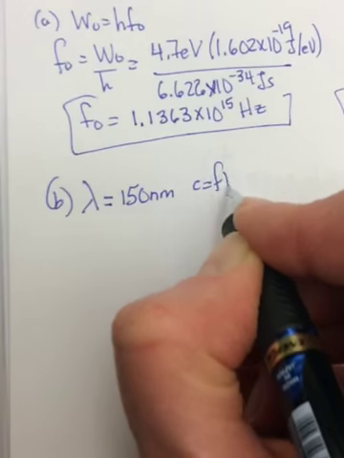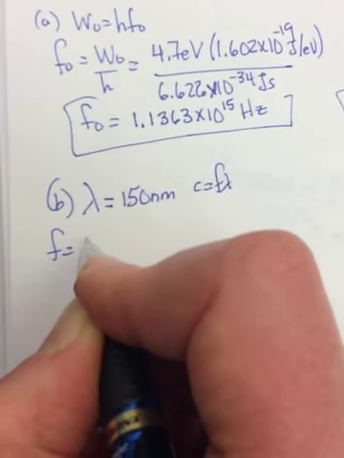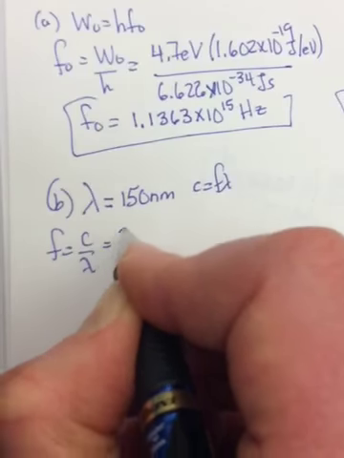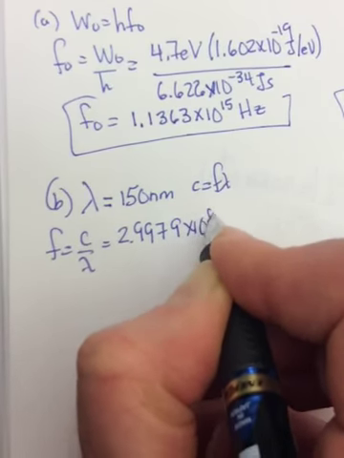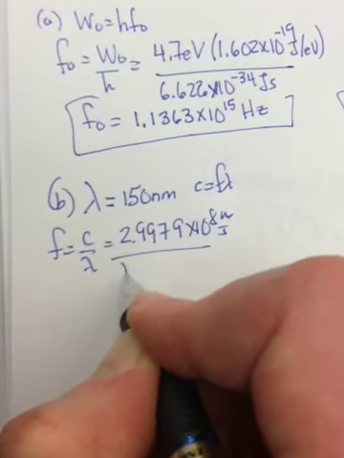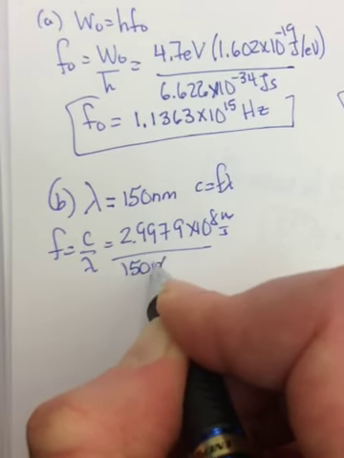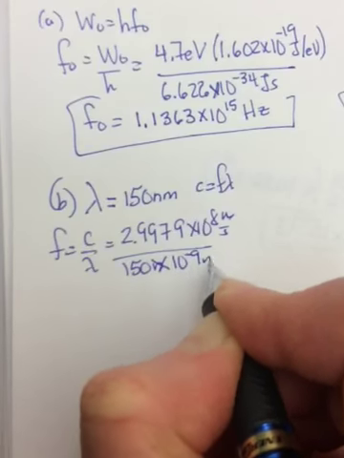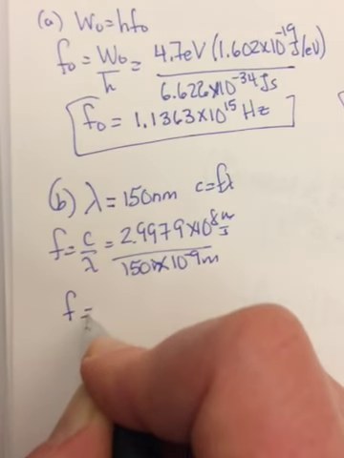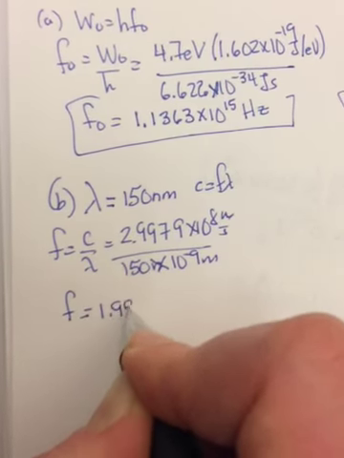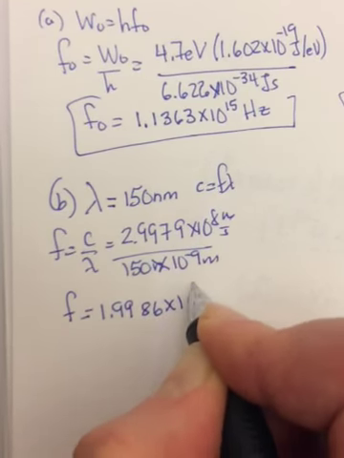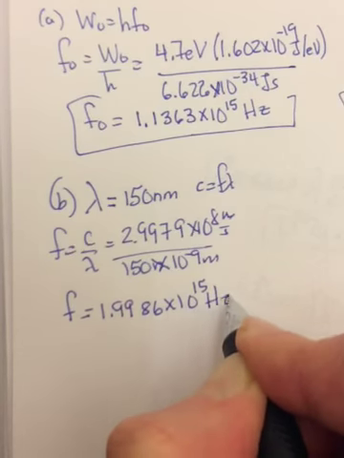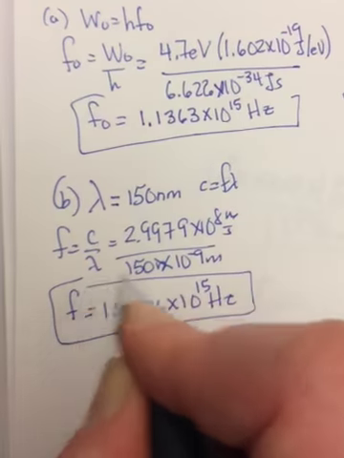So knowing C equals F lambda, we can find our F. C divided by lambda, so 2.9979 times 10 to the 8th meters per second divided by 150 times 10 to the negative 9 meters. And we get a frequency of 1.99686 times 10, got this number before, the 15th hertz.